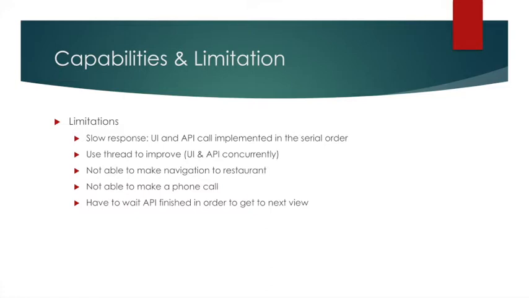So they run in serial order, which means the API call will finish first, then after it finishes, the UI will load. So I think the solution could be to simply use threads, like a dispatch queue, to do them both at the same time concurrently.